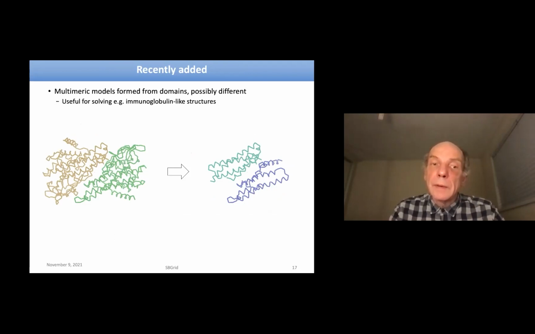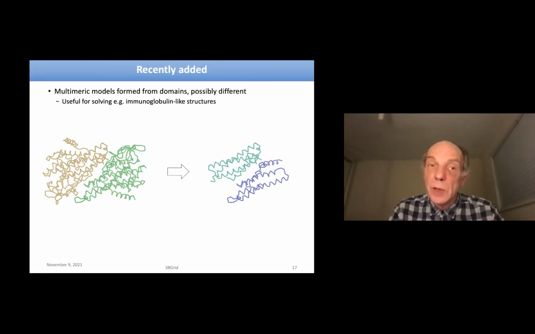Recently, a different kind of model was added in which domains from different chains are combined together as a single search model. That is mainly relevant for immunoglobulin-like structures, but it's not unusual also that we've got dimerization or trimerization domains in proteins.